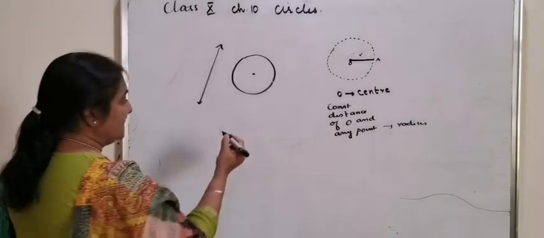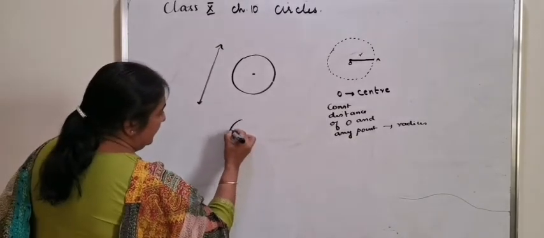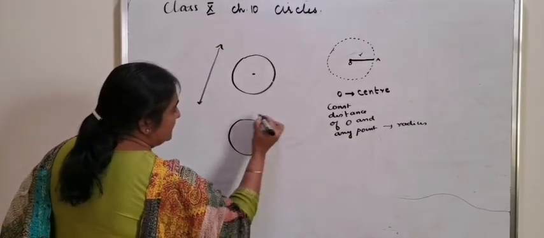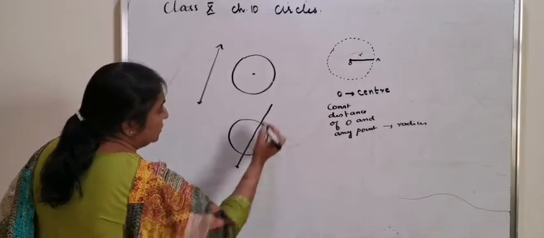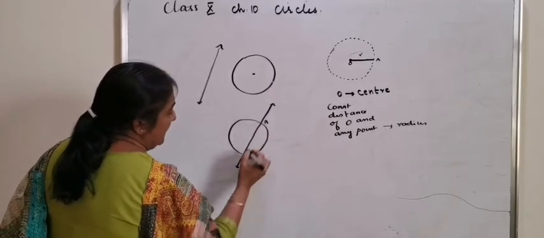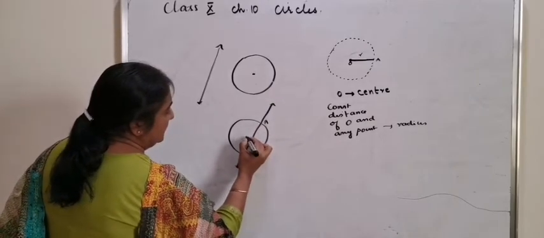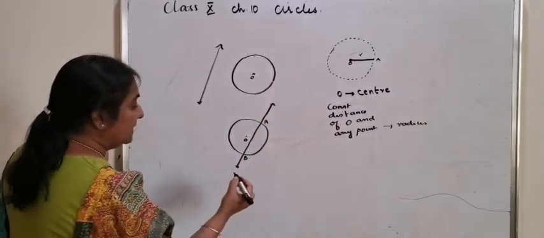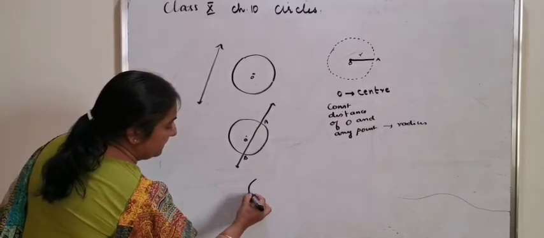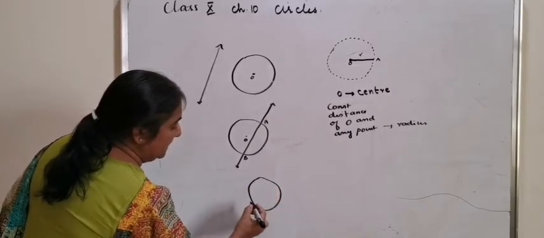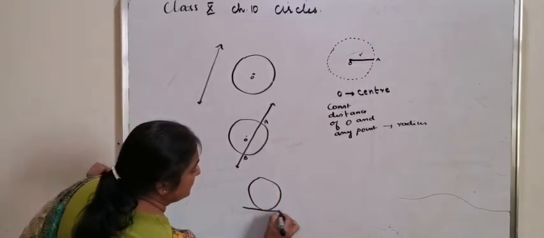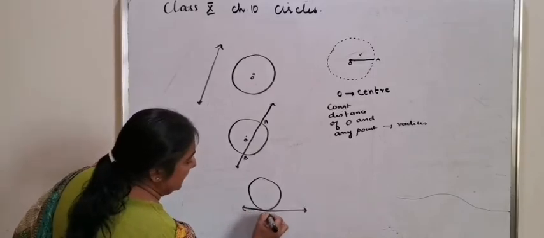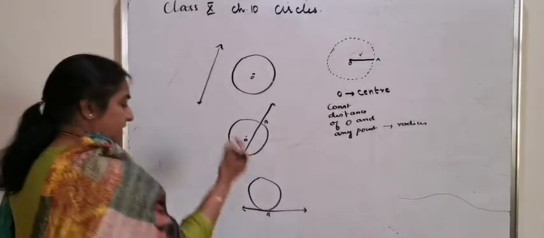The second case, the line intersects the circle at 2 points A and B. Whereas the third case, the line touches the circle exactly at 1 point.